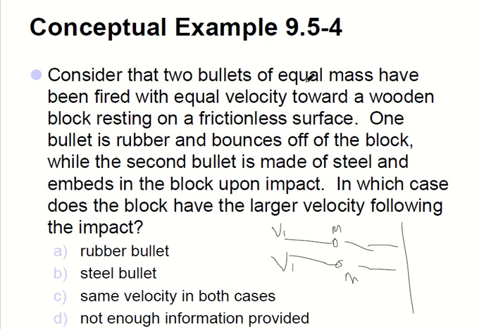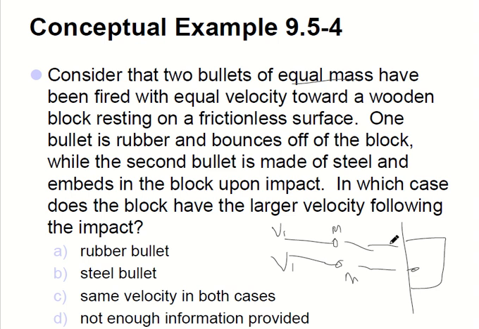Don't forget that. And the other one is made of steel and embeds in the block upon impact, meaning it's going to go straight in. So in which case does the block have the larger velocity following the impact?